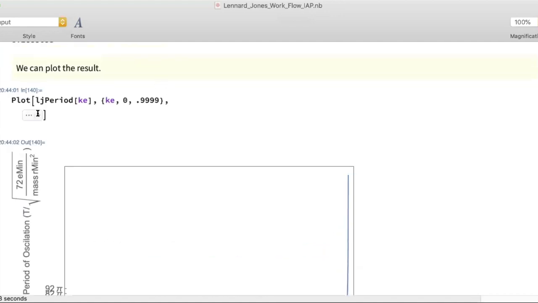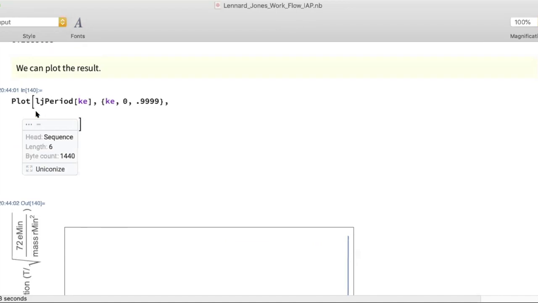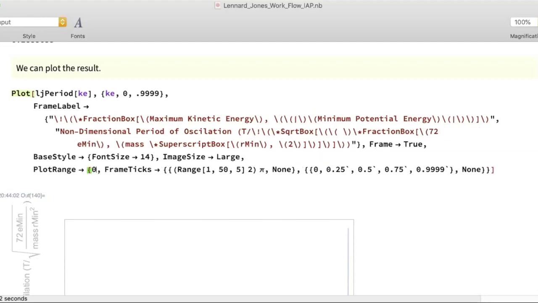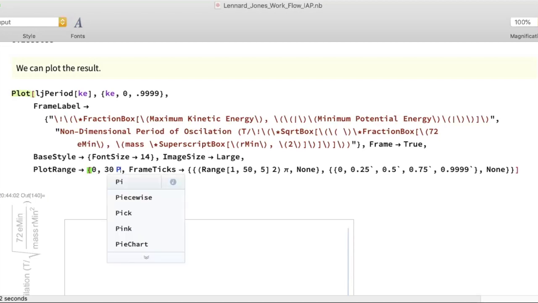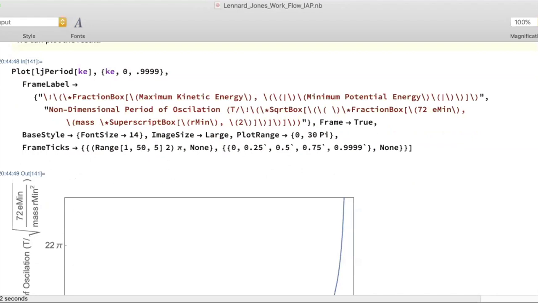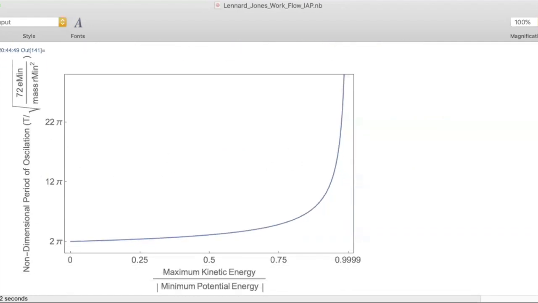Let's just see what's going on here by uniconizing this, and let's reduce the plot range to something like 0 to, I don't know, 30 pi, just guessing. Okay, that's probably a little nicer, showing the divergence.